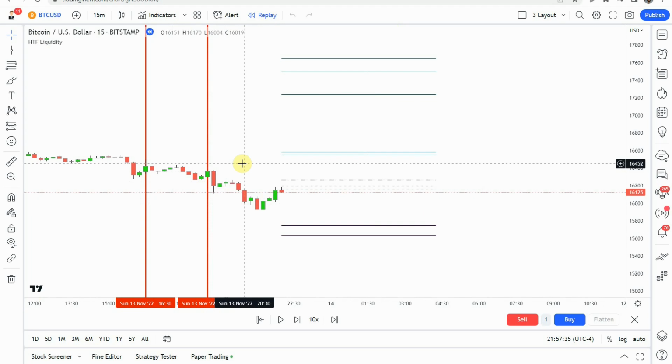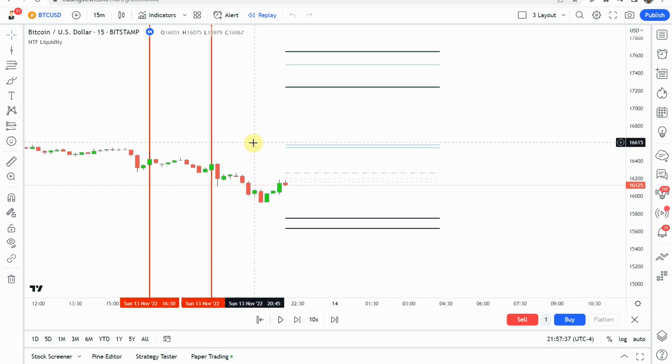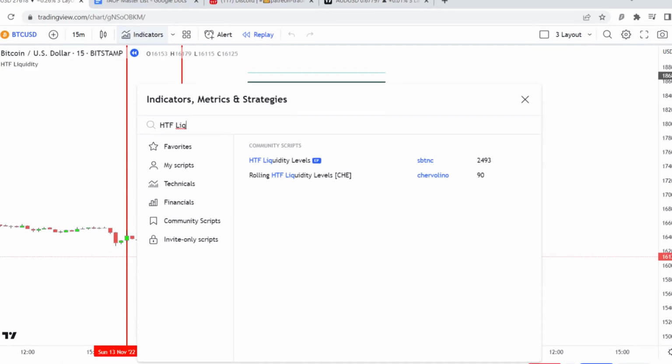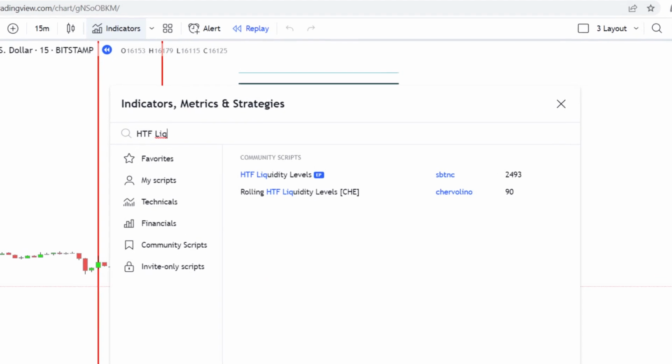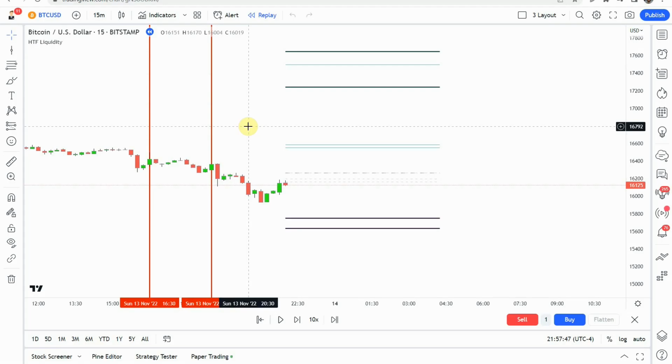It only consisted of one indicator, technically, the HTF liquidity indicator. You can see it here on screen. They go in and make a few changes to this indicator, the visual side of it, nothing to the inputs itself.